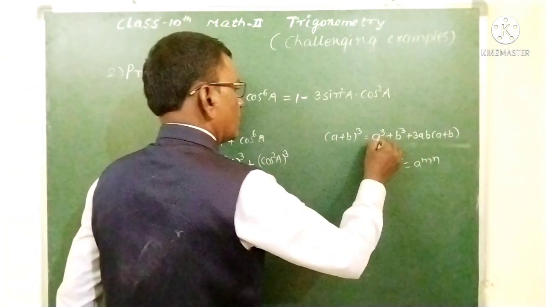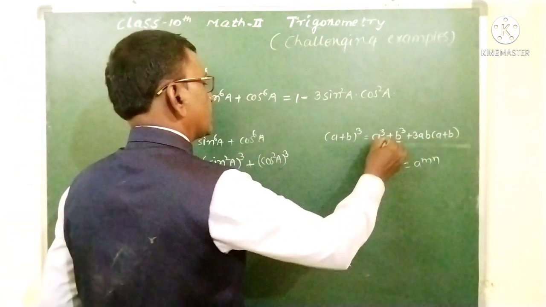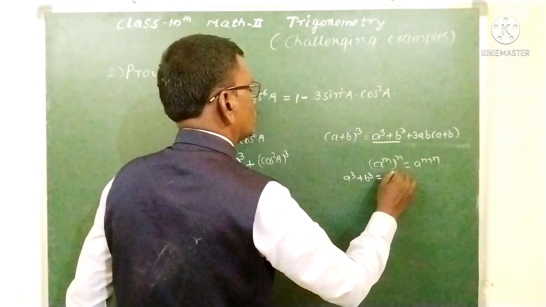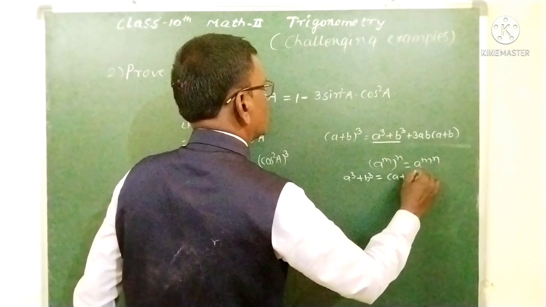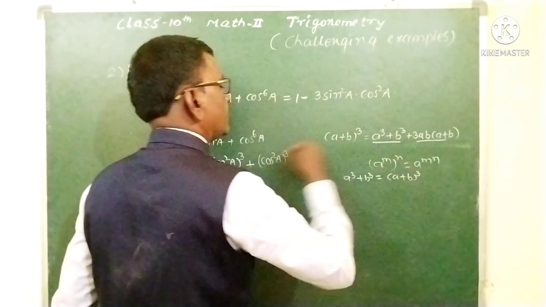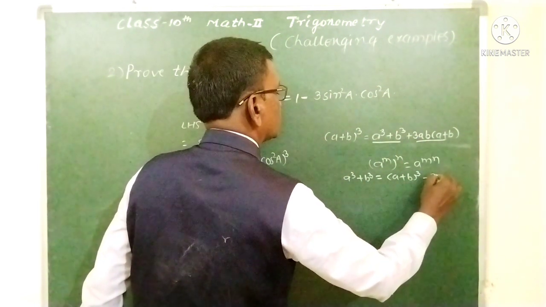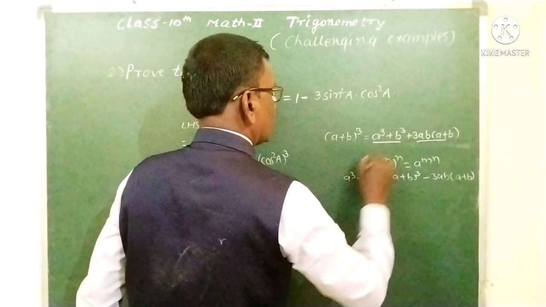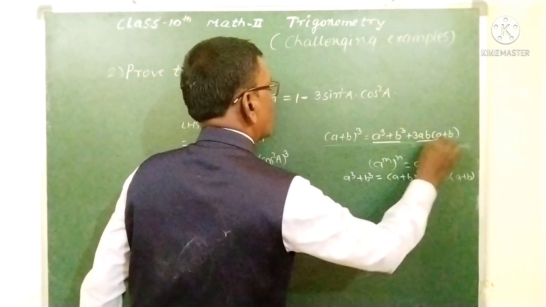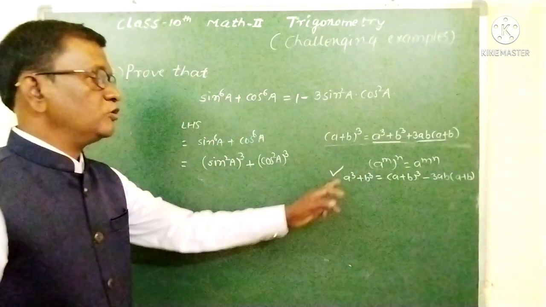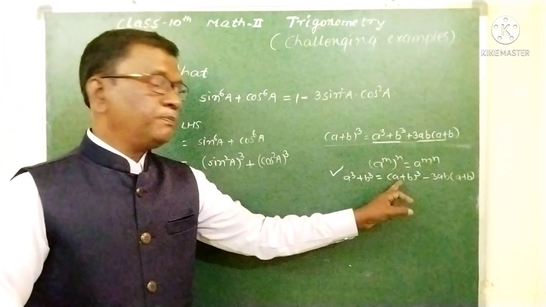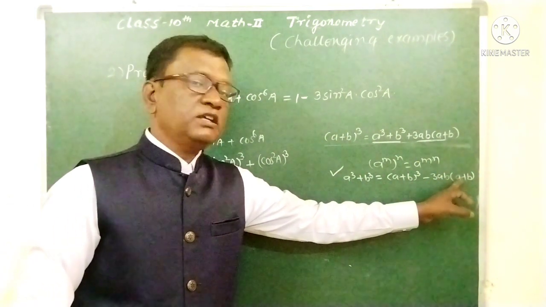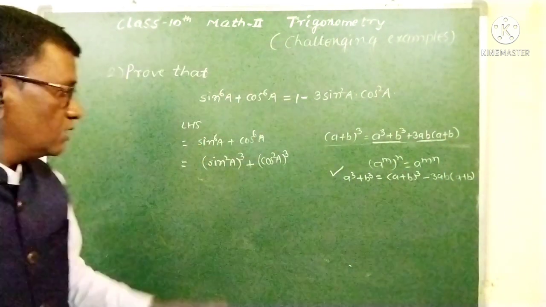So from this formula we can write a plus b bracket cube is equal to a cube plus b cube plus 3ab a plus b. Take this term to this side: a cube plus b cube is equal to a plus b bracket cube minus 3ab in bracket a plus b.